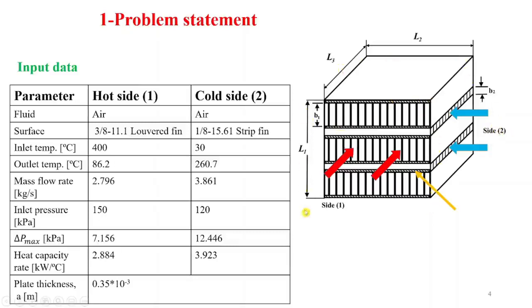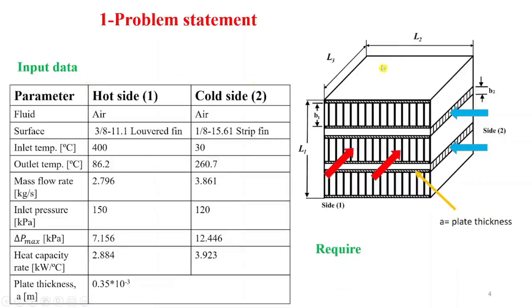That's L1, then we call it the common edge, because it is the common edge for both side 1 and side 2. Another dimension which is very important is the spacing between the plates for side 1 and side 2. B1 here is the plate spacing for side 1, and B2 is the spacing between the plates for side 2. Also another important parameter is the thickness of the plate, which is a, which is given here as 0.35 millimeter.